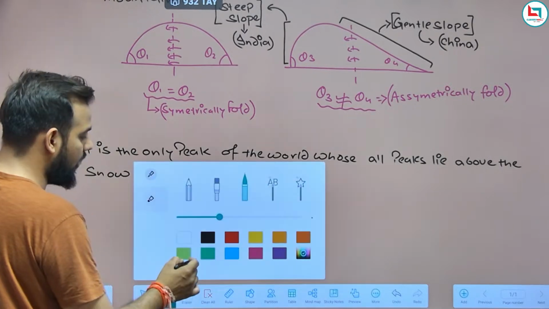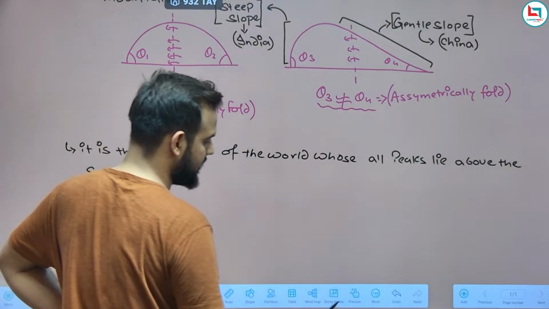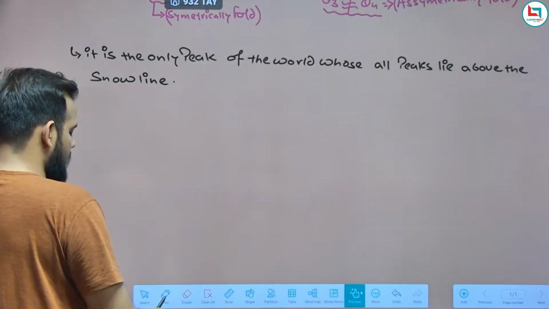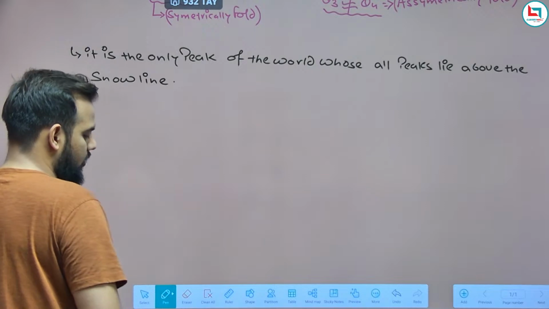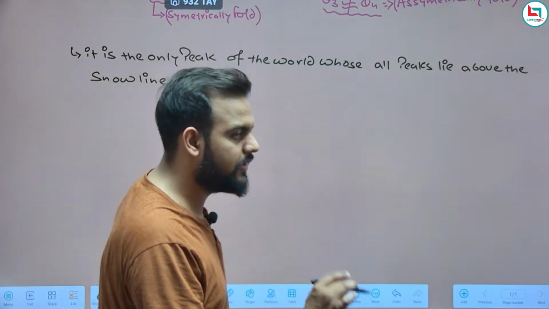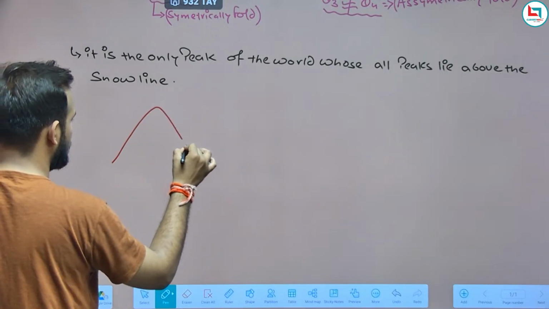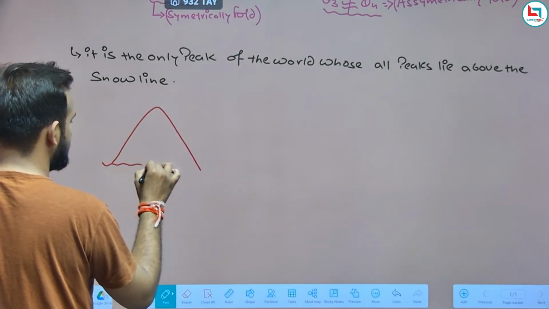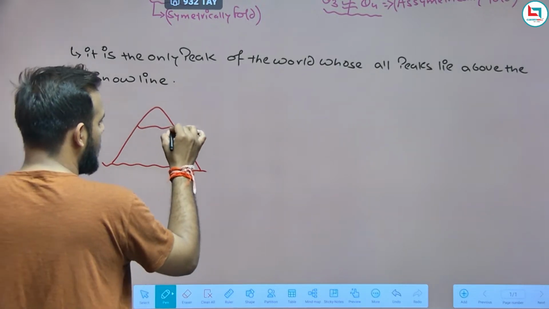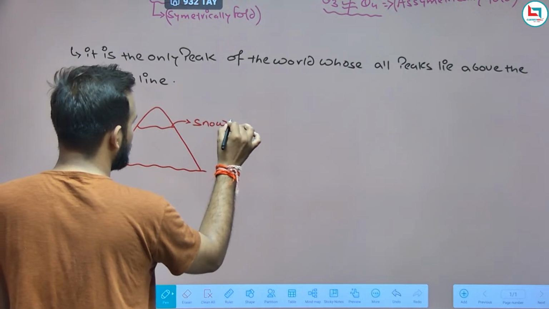Now, guys, what is the snow line? Let us try to understand what the snow line is. Now, buddy, you people might have drawn a scenery in class 6th or class 5th, and you have always drawn the mountain like this. Okay, like this. So, this particular thing is known as snow.